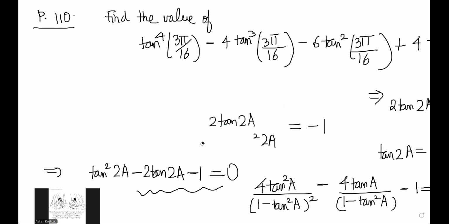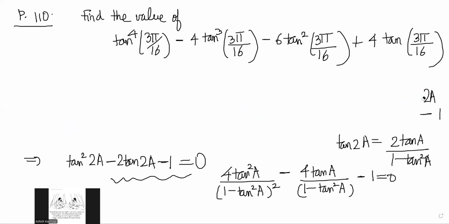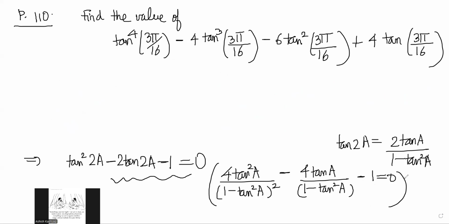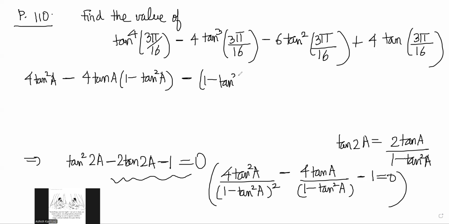So let's see what we get then. Simplifying basically this equation, I will take the common denominator 1 minus tan square A whole square, and I will get 4 tan square A minus 4 tan A into 1 minus tan square A minus 1 minus tan square A whole square equals 0.